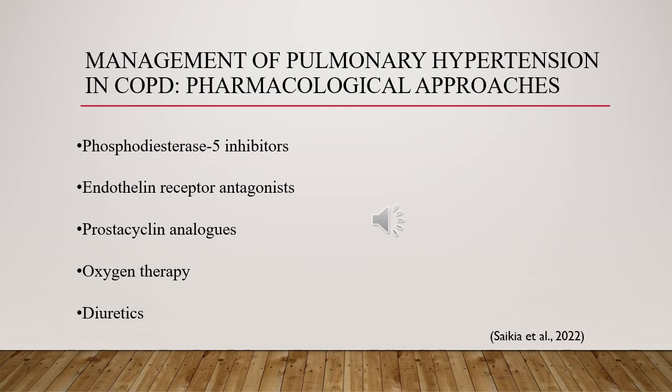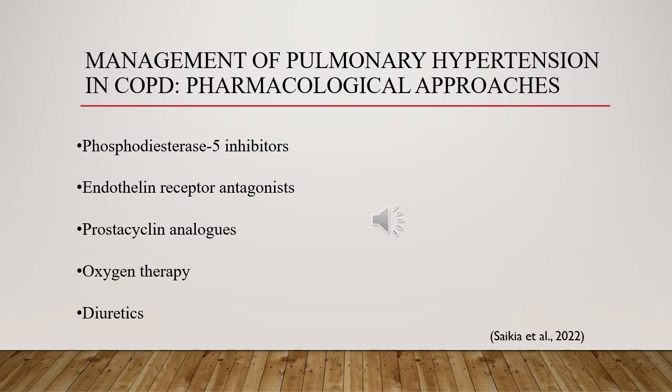Prostacyclin analogs, such as epoprostenol, are also used to improve pulmonary circulation and reduce the strain on the heart by dilating the blood vessels. In addition to this targeted treatment, oxygen therapy is crucial for managing hypoxia, which is a primary contributor to pulmonary hypertension in COPD patients.